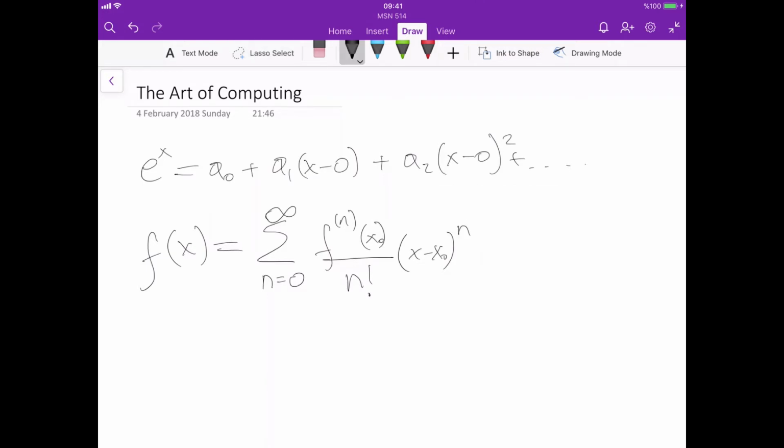Okay. So what is the derivative of f(x)? We are doing it around x0 equals 0, okay? Which means we are doing Maclaurin series.